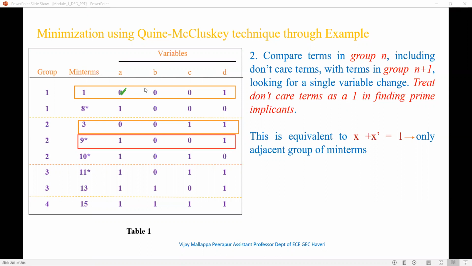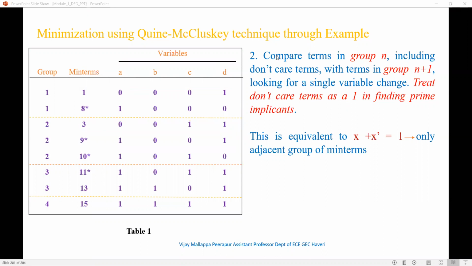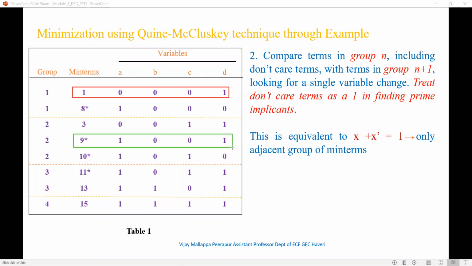Now compare these two, and see which are common and anything which is not common.